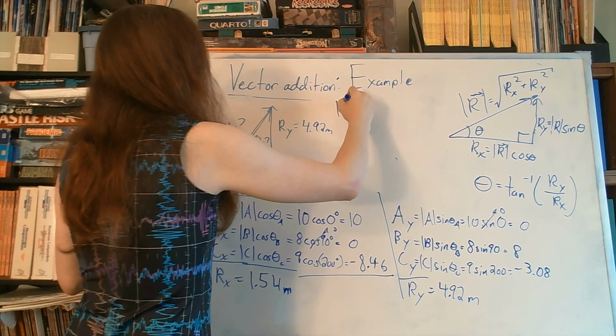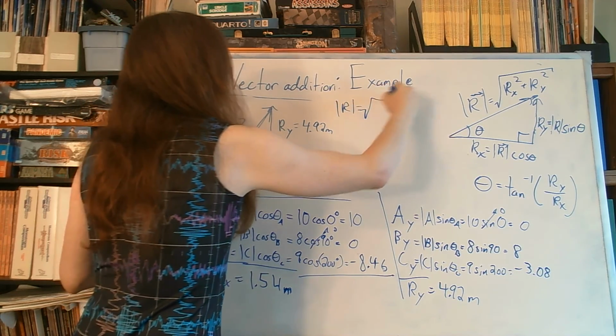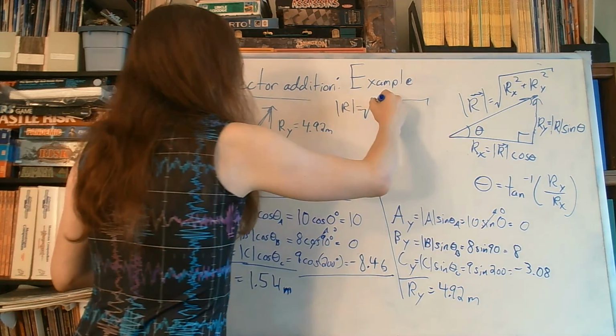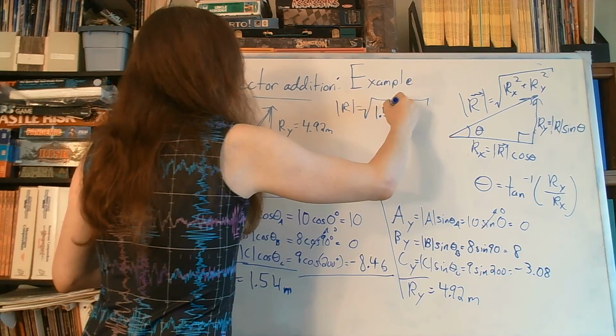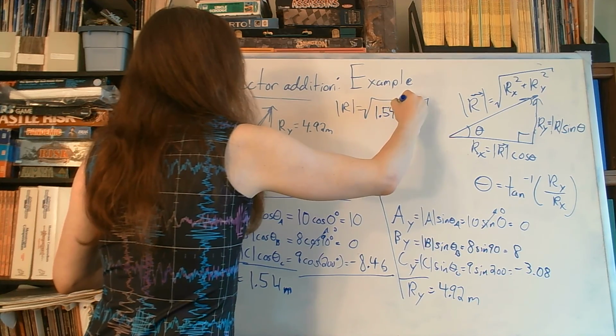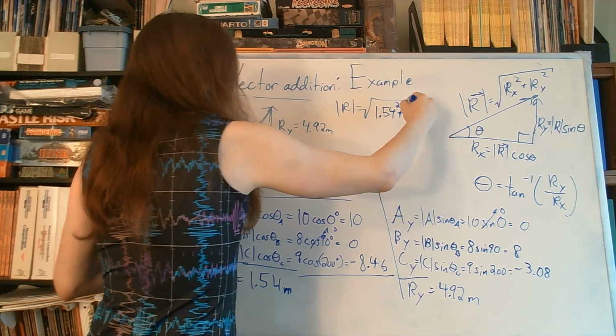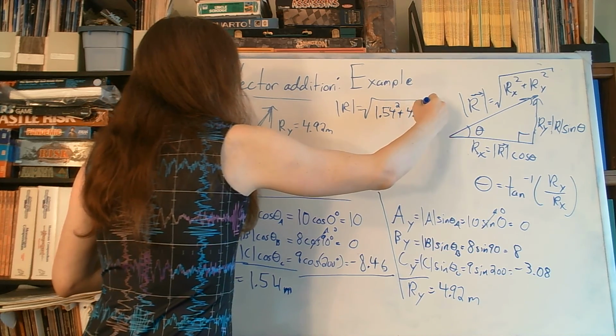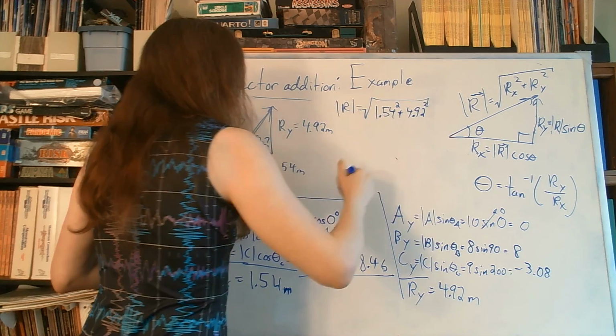Okay, so the magnitude gets to be the square root of the sum of the squares of the legs of that triangle, of the components of that vector.